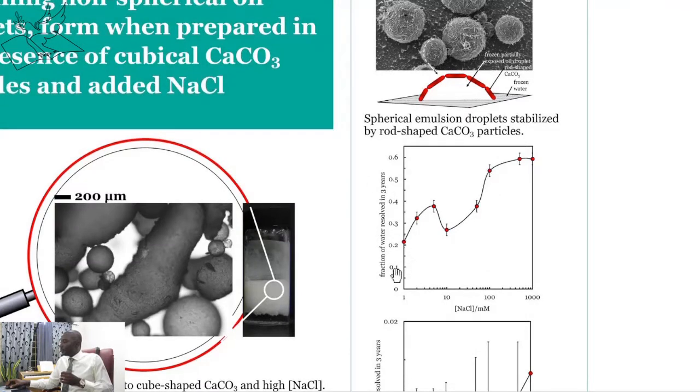So for the case of creaming, we observe that the fraction of water resolved in 3 years increases with increasing salt concentration, presumably because the electrostatic repulsion between the particles decreases as salt concentration increases, giving rise to a case where the particles on the surface of the oil droplets allowed for flocculation and aggregation, and of course flocs rise faster than the individual droplets. So creaming was enhanced as the concentration of salt increases.